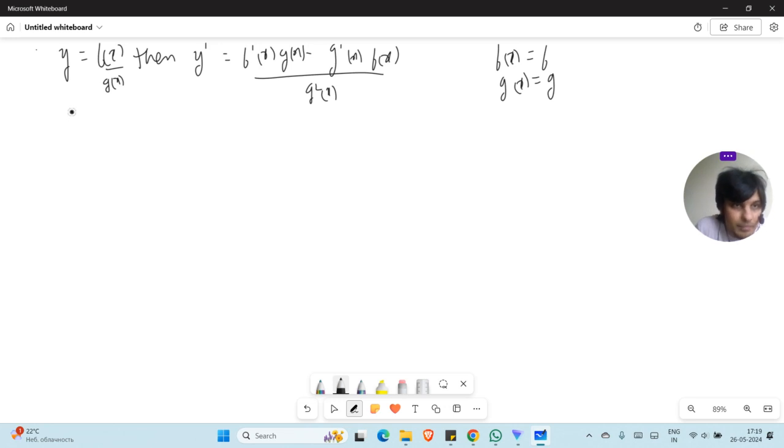So we start. We can write y is equal to f by g. So we can remodel it and write it as y is equal to f into g inverse, right?